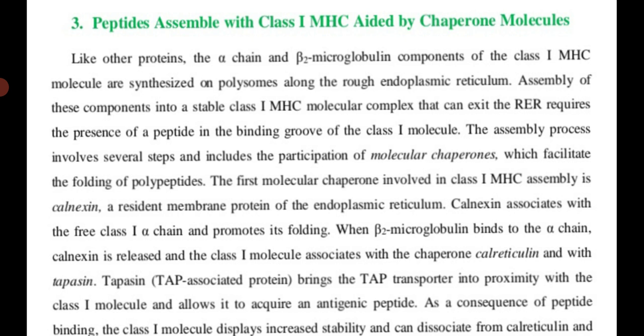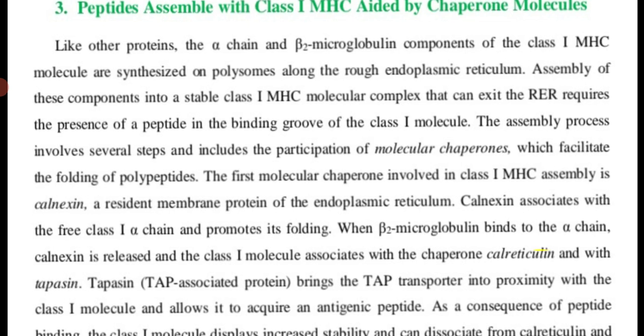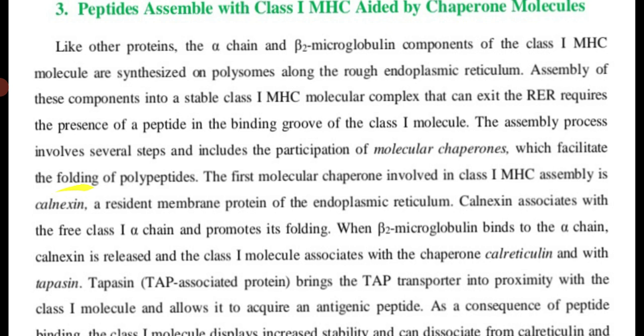It includes the participation of molecular chaperones, and these molecular chaperones facilitate the folding of polypeptides. The first molecular chaperone involved in class I MHC molecule assembly is calnexin. Calnexin is a resident membrane protein of the ER. It is present in the lumen of the rough endoplasmic reticulum.